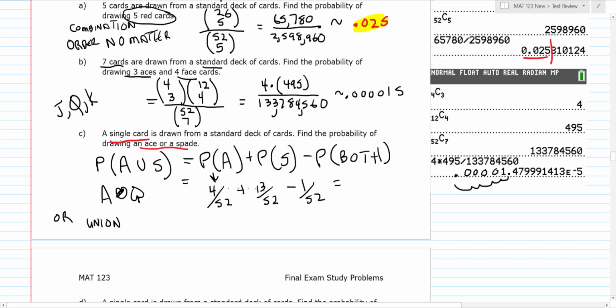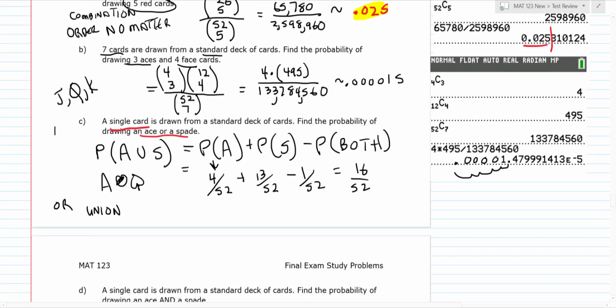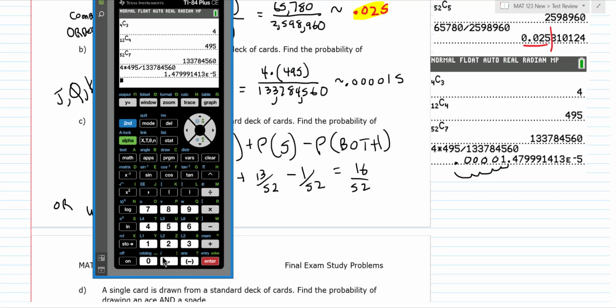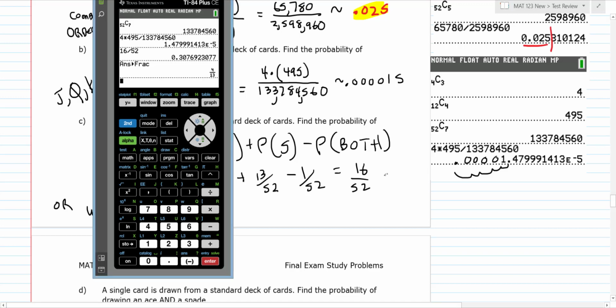So we do 4 plus 13 is 17, 17 minus 1 is 16 out of 52. You can reduce that fraction on your calculator if you want to, or in your head. So 16 divided by 52 is going to give you a decimal. You can go math, fraction. So that would be about a 4/13 probability.